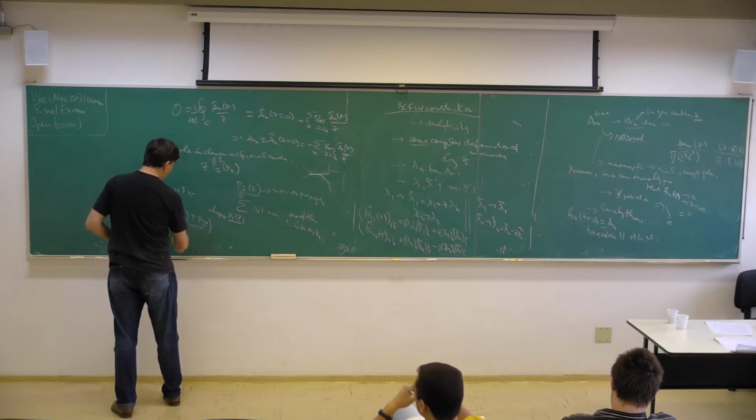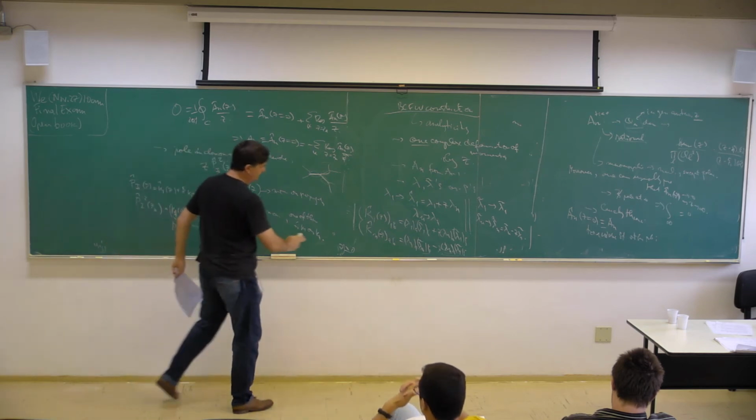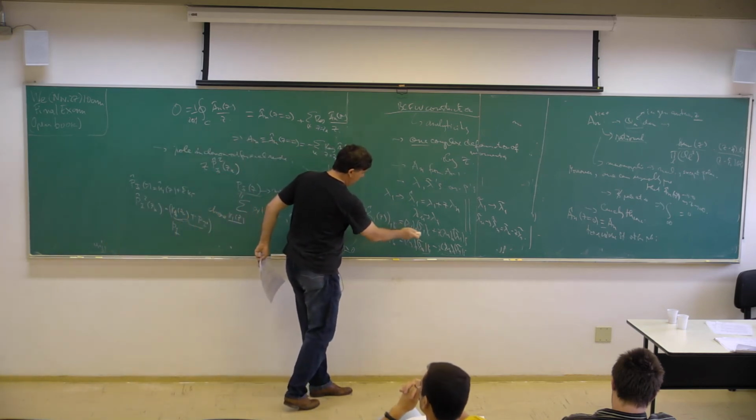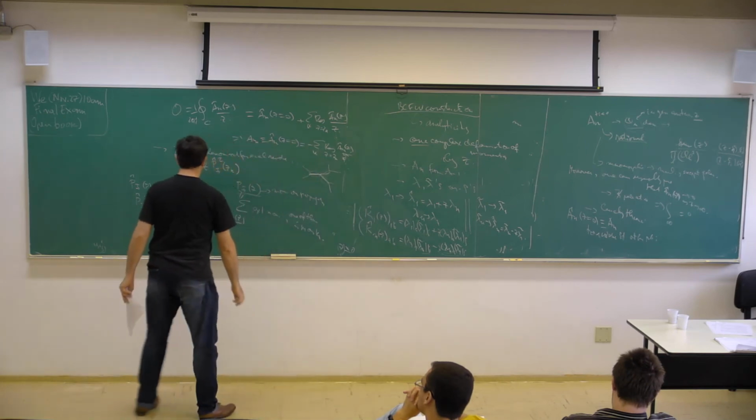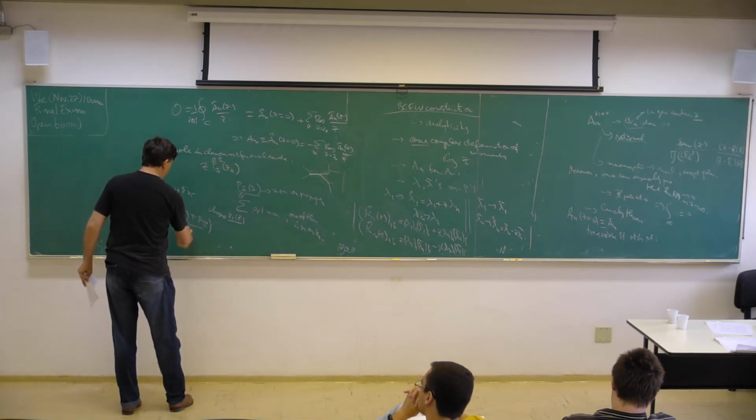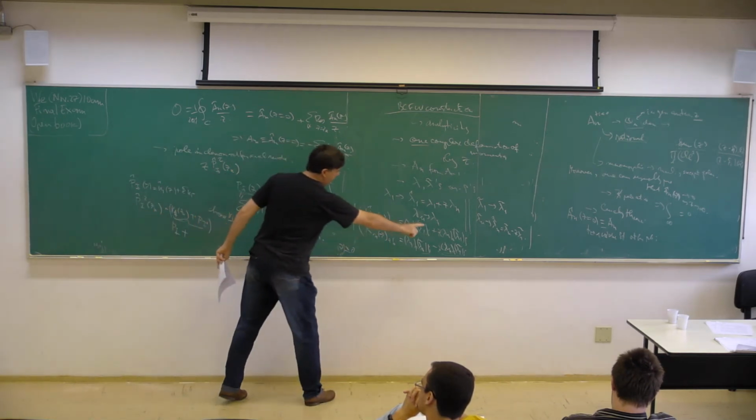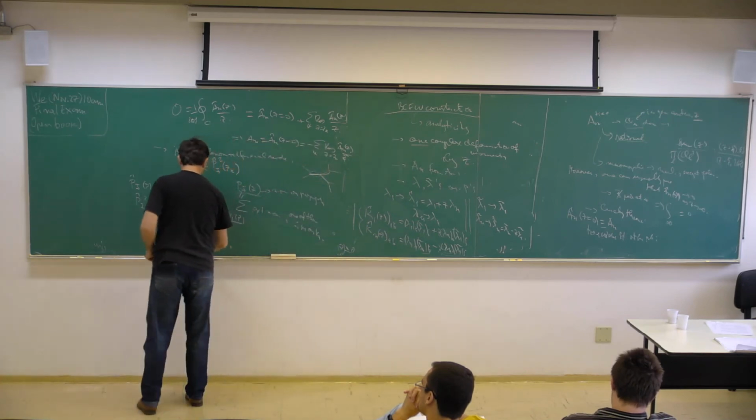So the full sum then would be P_i, wherein P_i I included P_i prime and k1, giving this term, and then plus z lambda n lambda 1 tilde.